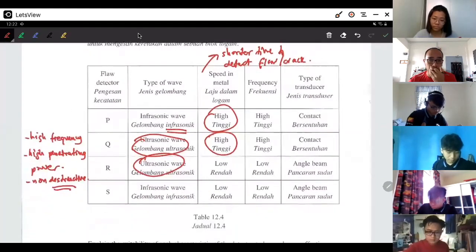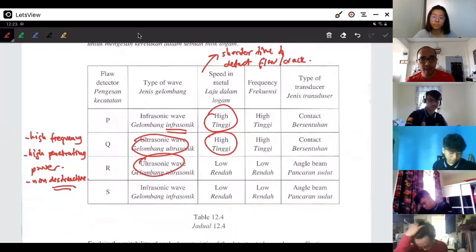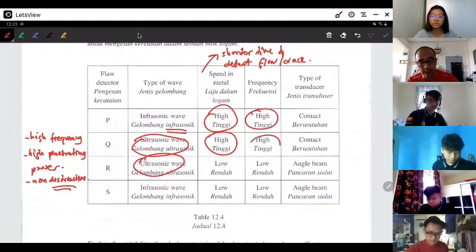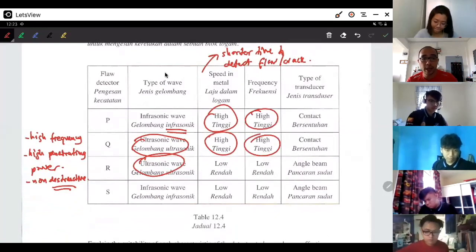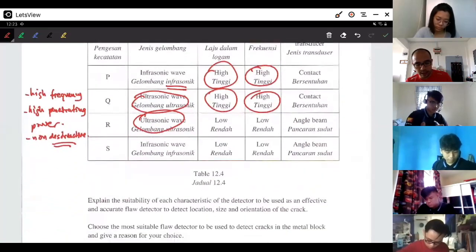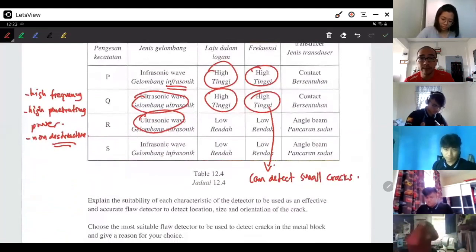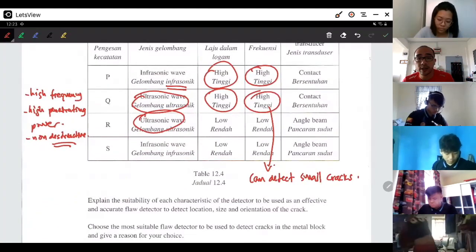Okay, you take a shorter time. Less time. Okay, small. Okay, frequency obviously should be high. We already established this before. And the frequency should be high so that it has high penetrating power. Okay, the scheme over here says can detect small cracks. Okay, because the frequency is high, etc.